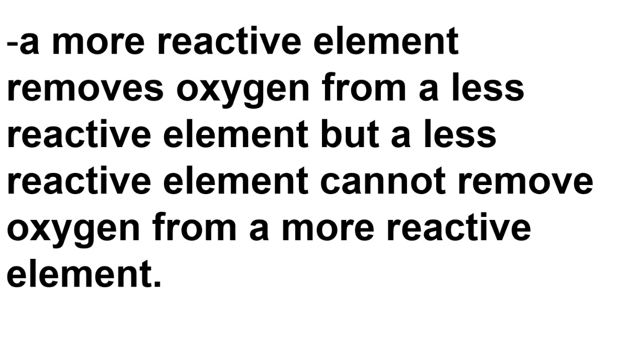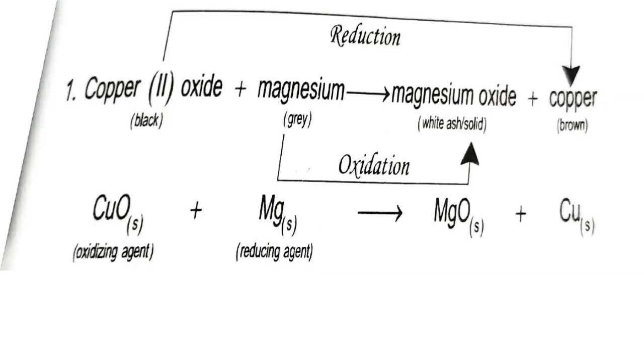A more reactive element removes oxygen from a less reactive element, but a less reactive element cannot remove oxygen from a more reactive element. An example is where copper(II) oxide reacts with magnesium to form magnesium oxide plus copper.